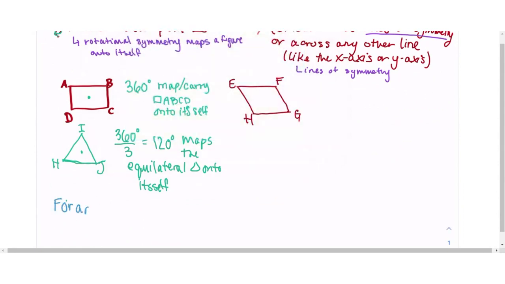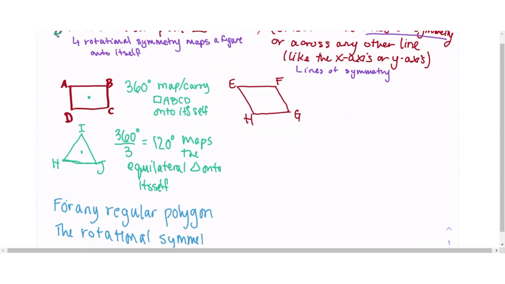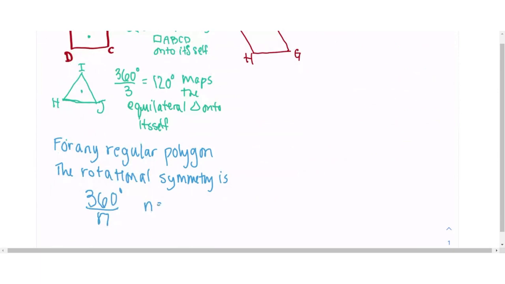For any regular polygon, the rotational symmetry, that means it's going back onto itself, is 360 degrees divided by n, where n is the number of sides of the polygon.